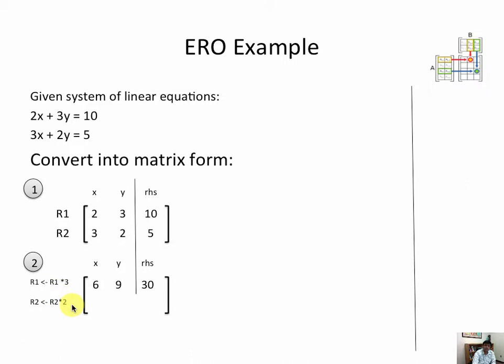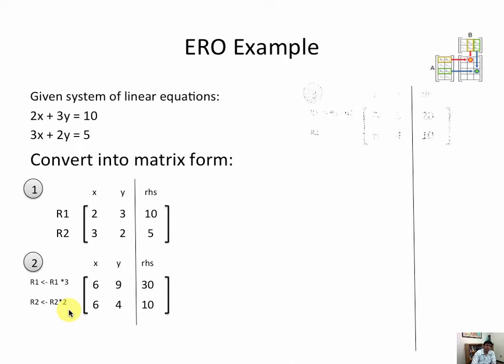It should not change the final solution. So 3 times 2 is 6, 2 times 2 is 4, 5 times 2 is 10. Again, in the new matrix we multiplied row 1 by the constant 3, and row 2 by the constant 2. Both of them are non-zero.